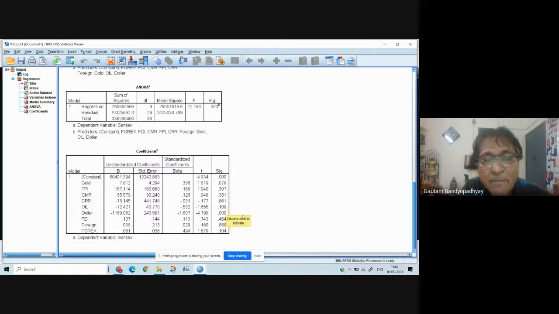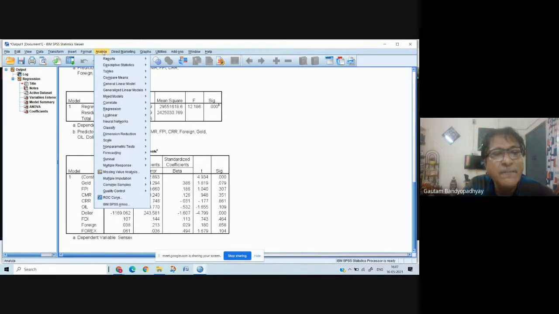Then what do we do? We have to check the multicollinearity because we need another method. We would welcome factor analysis. But before going to factor analysis, you have to check whether multicollinearity occurs or not. Because if multicollinearity occurs, then we can welcome factor analysis. How can I check it?